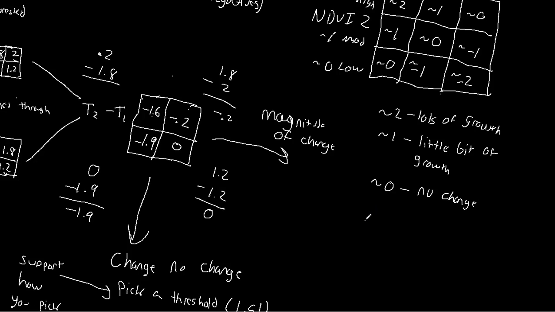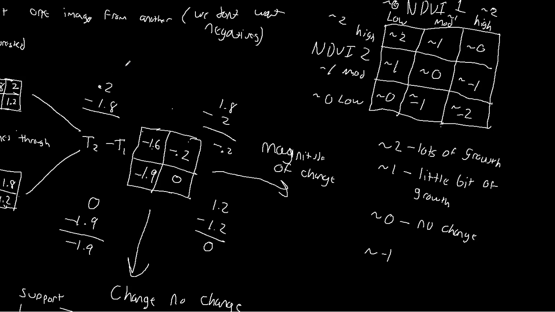So what does a value of -1 mean? Well, where do we see negatives pop up? I'm gonna have to slide up just a little bit so we can see the table. All right, where do we see negatives pop up? Well, we see a -1 pop up when we go from having high vegetation at time 1 to having moderate vegetation at time 2, or when we go from having moderate vegetation at time 1 to low vegetation at time 2.